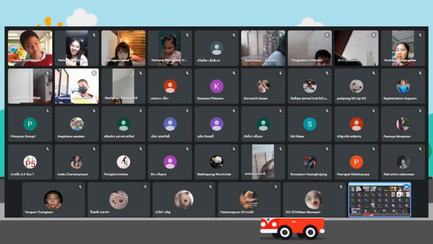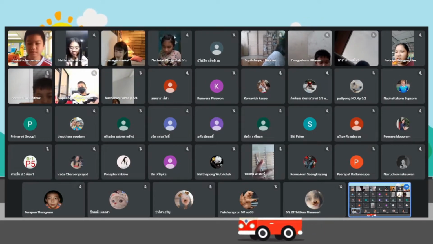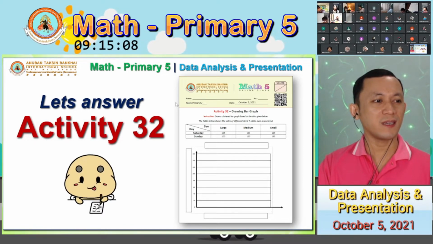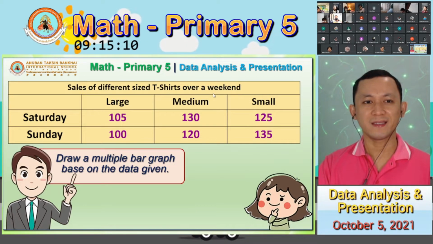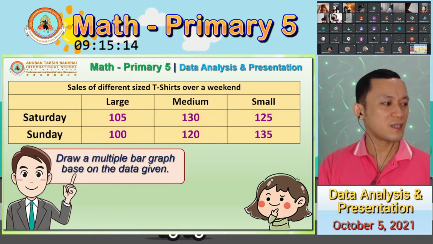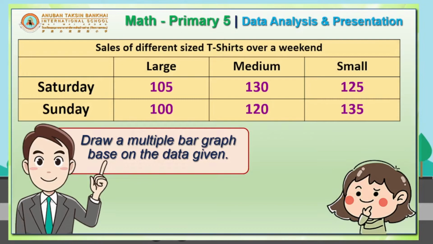So we have here, what is again our data? We have sales of different size T-shirts over a weekend.